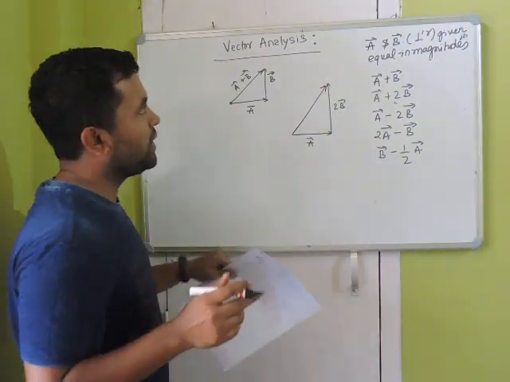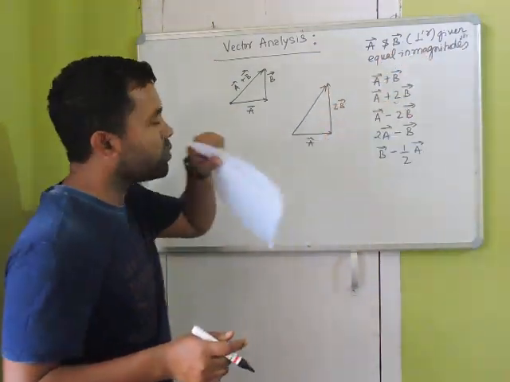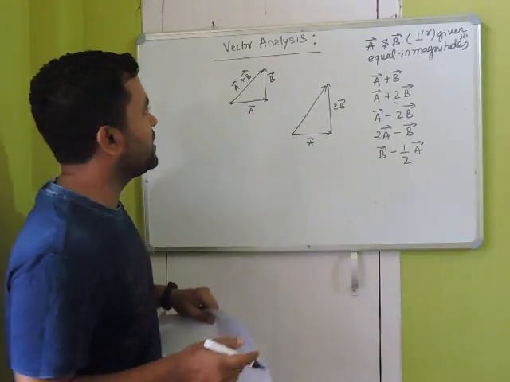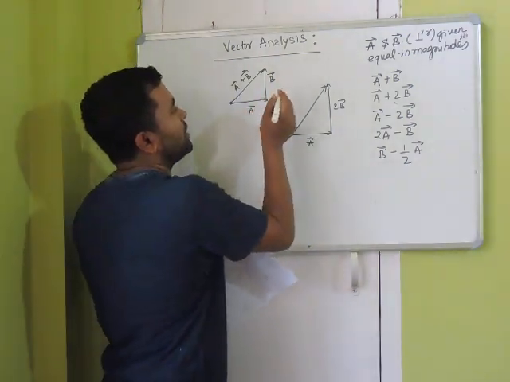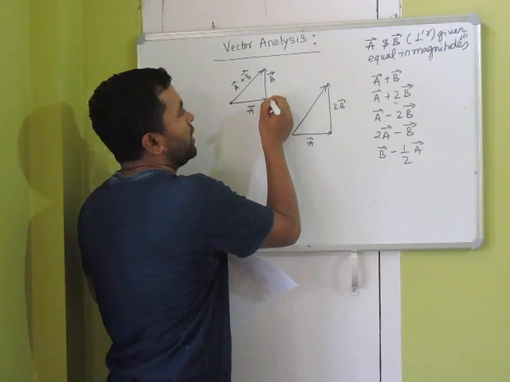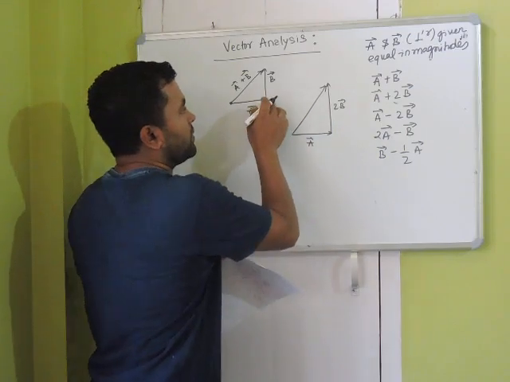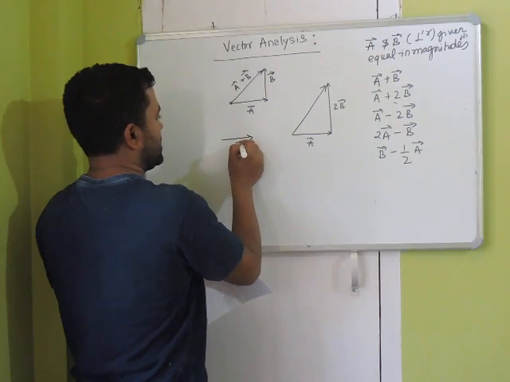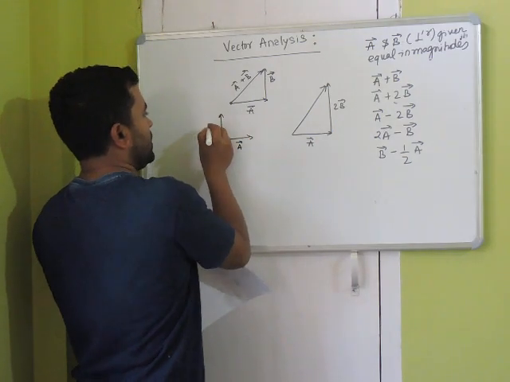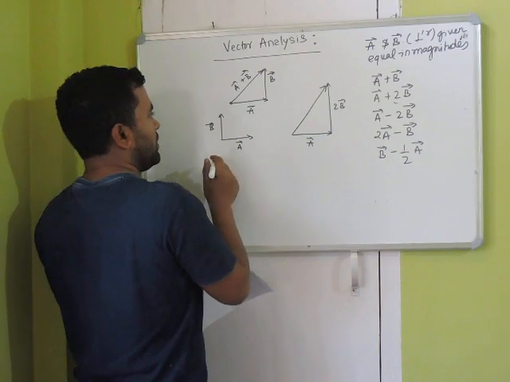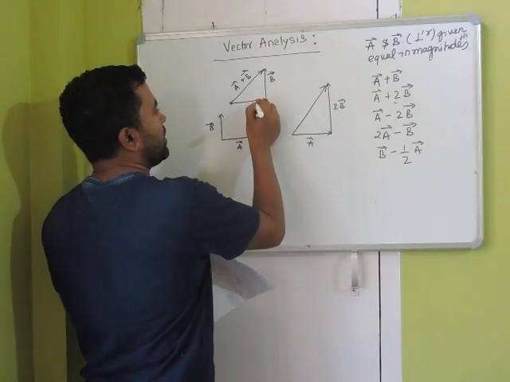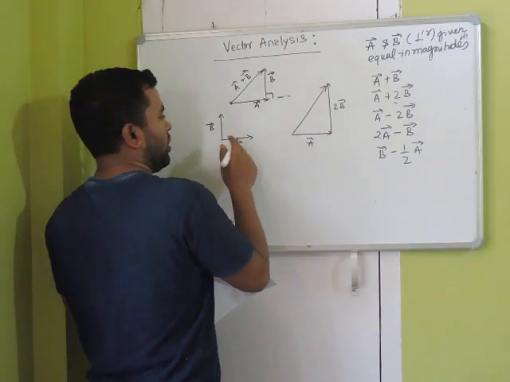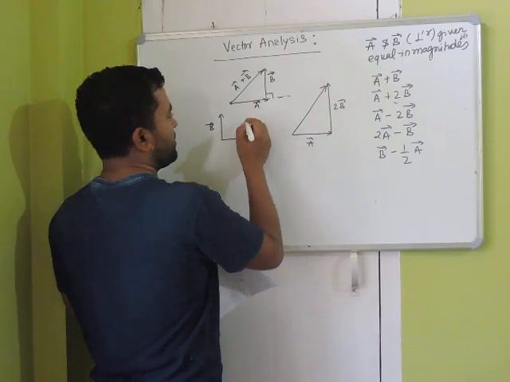Okay, now one thing: they are perpendicular, and I also told you the angle between two vectors is measured where the tail coincides. So actually if I draw them this way also, this is A, this is B, and this is the angle between them. Let me explain it here using the parallelogram law.